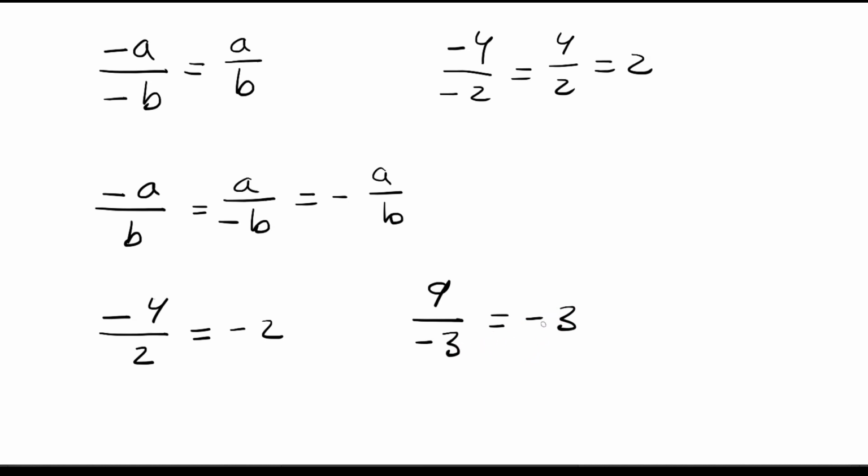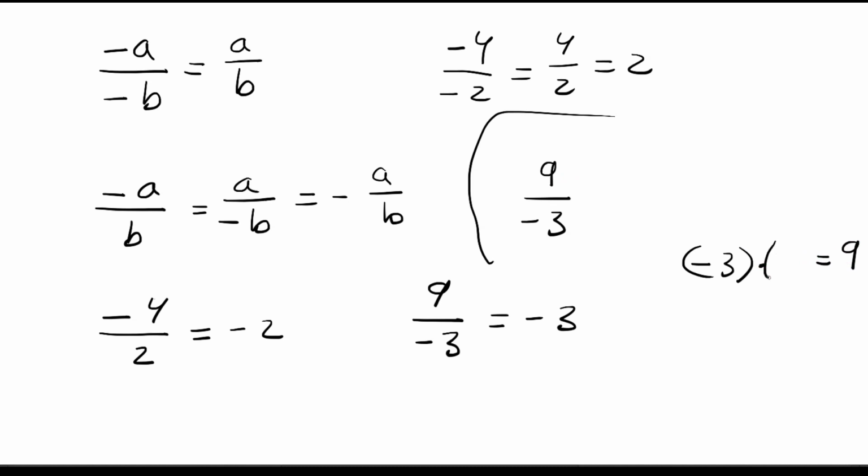And this follows because of the definition of division. 9 divided by minus 3 should equal the number you should multiply minus 3 with to get 9, and that has to be minus 3. So these memory rules follow because the rules hold for multiplication, so it also carries over to the definition of division.